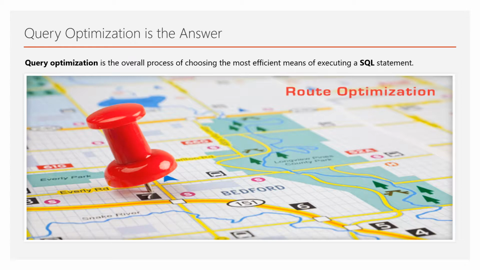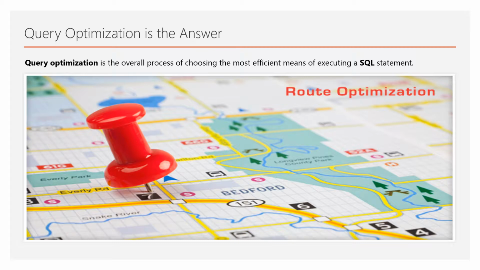Once again, the query optimizer, called simply the optimizer, is built-in database software that determines the most efficient method for an SQL statement to access requested data. The optimizer attempts to generate the most optimal execution plan for an SQL statement.